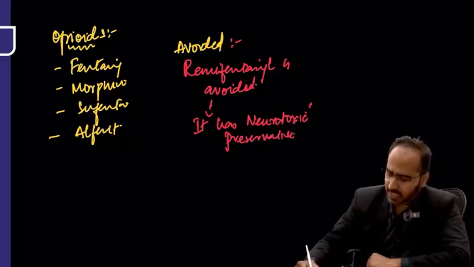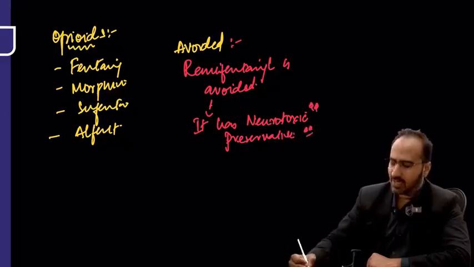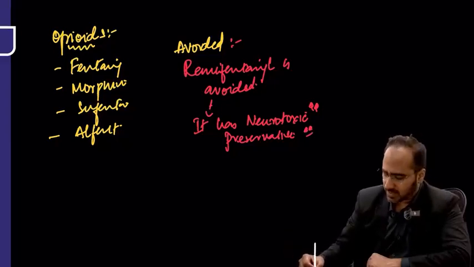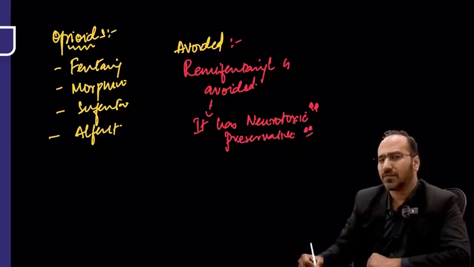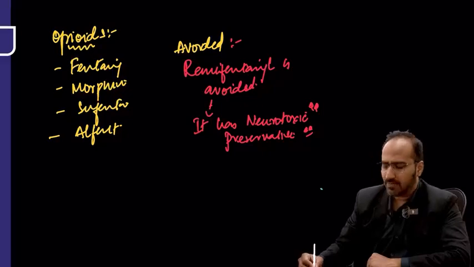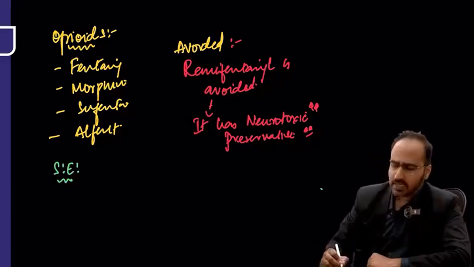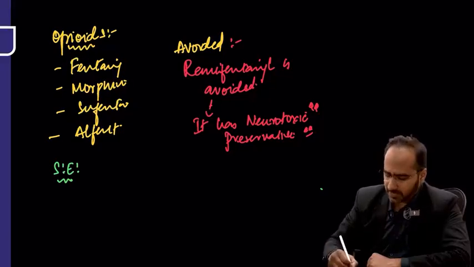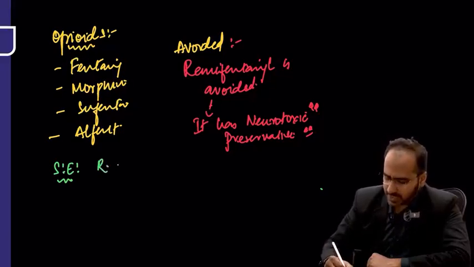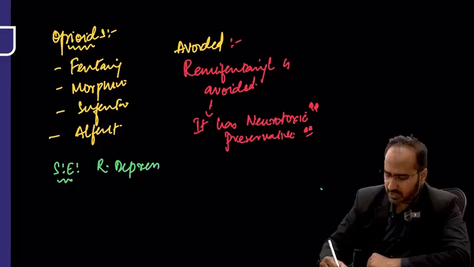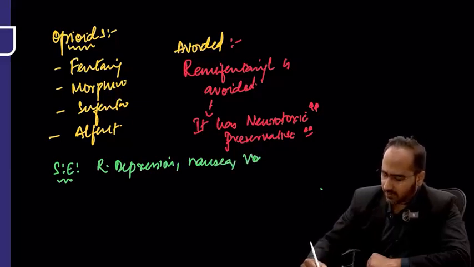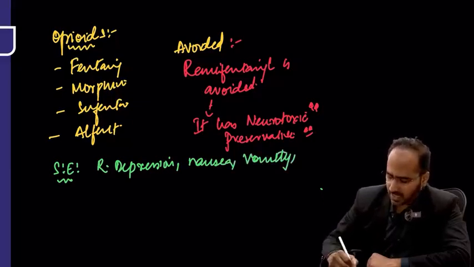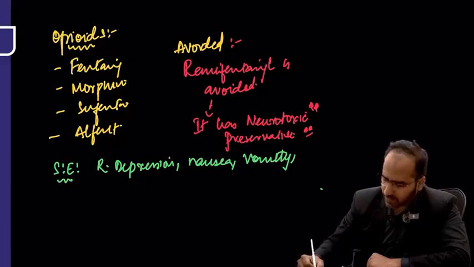Hence, remifentanil is avoided in what anesthesia? In spinal anesthesia. Okay. Now, what are the side effects of using this opioid? There has been a question regarding the side effect. Side effects of spinal opioids are the patient might have respiratory depression due to usage of this opioid. The patient might have nausea, vomiting, and the patient might also have pruritus.